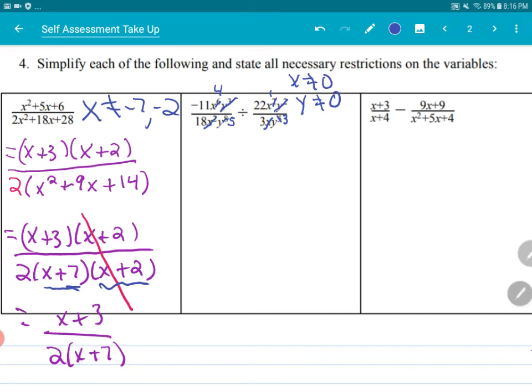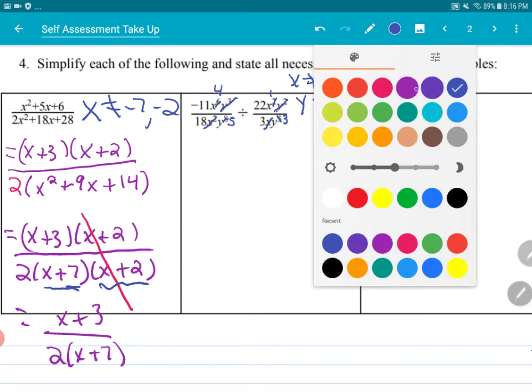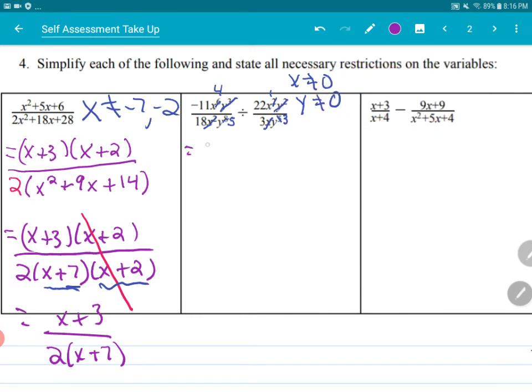So let's rewrite that to make it look a little bit nicer. And we have -11x to the 4 over 18y to the 5 divided by 22x, I don't really need the 1 though, over 3y cubed.